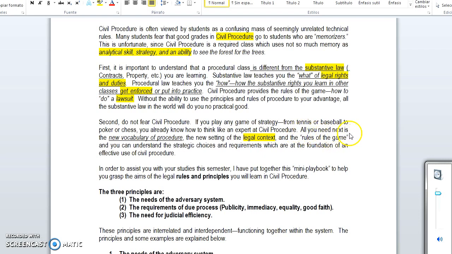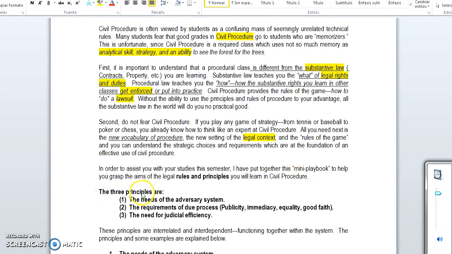All you need next is the new vocabulary of procedure, the new setting of the legal context, and the rules of the game, and you can understand the strategic choices and requirements which are at the foundation of an effective use of civil procedure. In order to assist you with your studies this semester, I have put together this mini playbook to help you grasp the aims of the legal rules and principles you will learn in civil procedure.